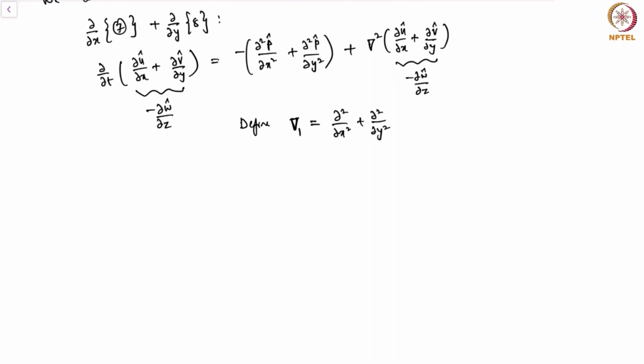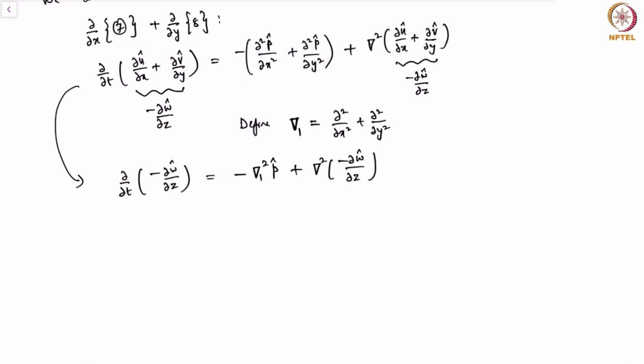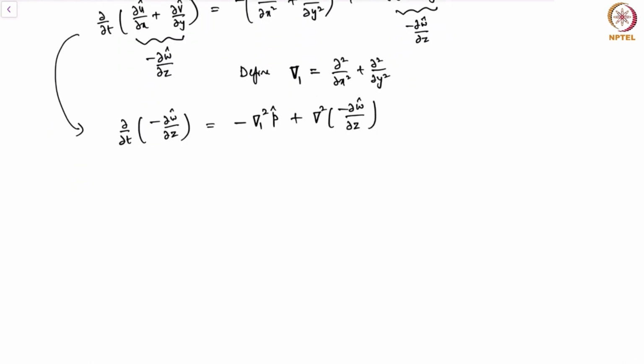This is with the subscript 1, and therefore this equation becomes del by del t of minus del w hat by del z becomes minus del 1 square of p hat, plus del square of minus del w hat by del z. That's what we have now.